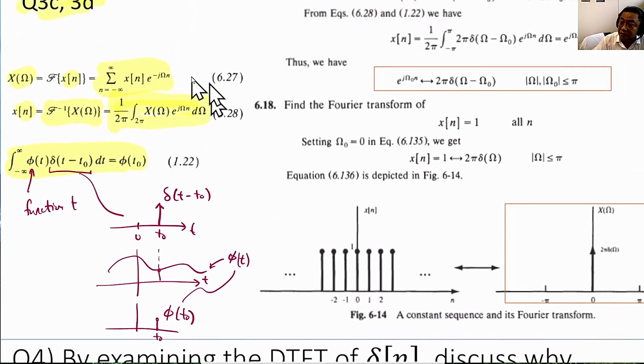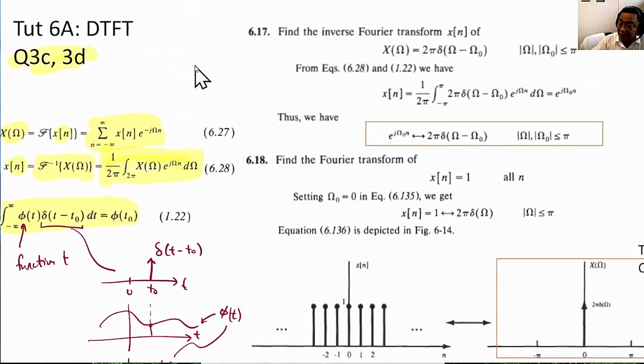Now with these three equations, we are going to examine what happens when we are given X of omega like this, 2 pi delta omega minus omega naught. What is the xn that has produced this X of omega?